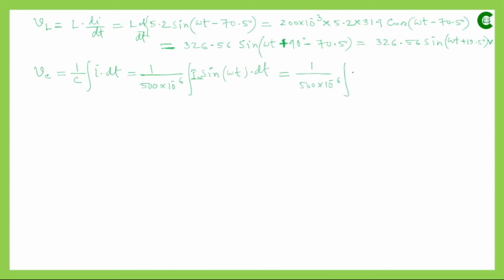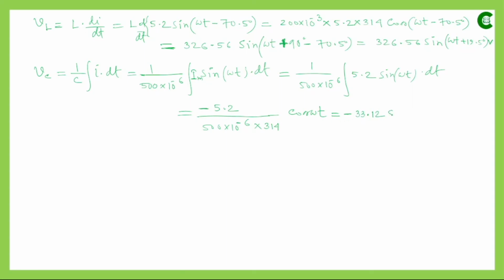So the value of Im is 5.2 that we have seen earlier, and then sin omega t dt, and after integration it will be 5.2 divided by 500 10 to the power minus 6, and since we are integrating sine, here we will have a negative sign, and then the omega value will come in the denominator as per the rule of integration, so it will be 314, the same value, and in place of sine omega t we will write cos omega t, and this value will give us 12.